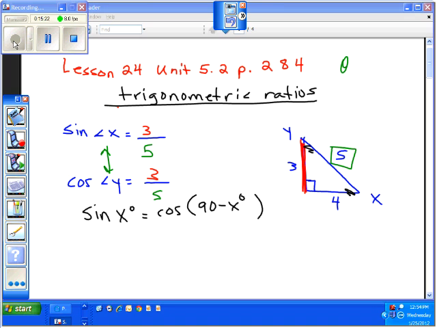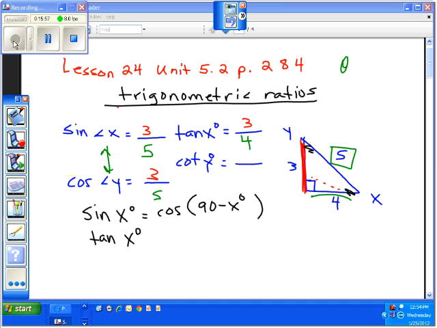Now, let's look at something else. Let's say that I had tangent. The tangent of x degrees, let's just write it up here. Tangent is equal to what of x? Leg opposite 3 over leg adjacent 4. What about the cotangent of y?